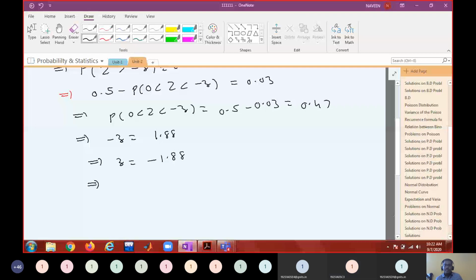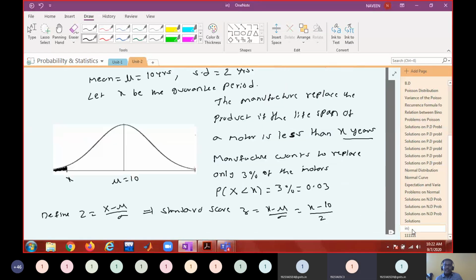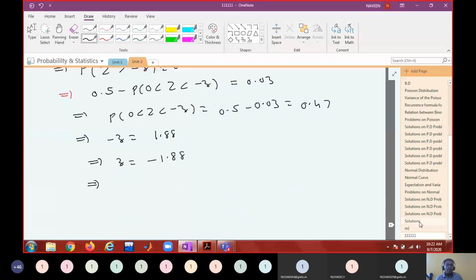Z is x minus 10 by 2. So x minus 10 by 2 equals minus 1.88. So from this, what is the value of x?